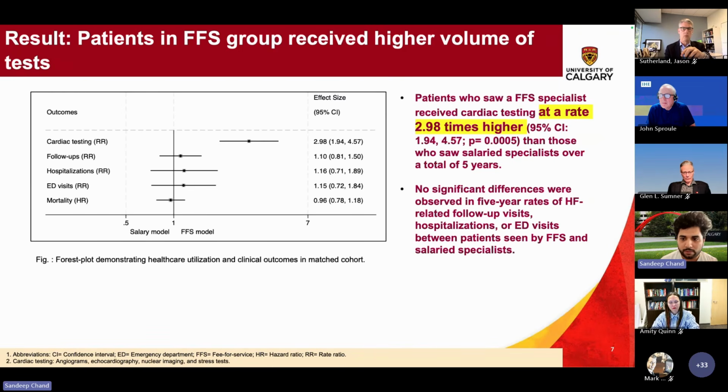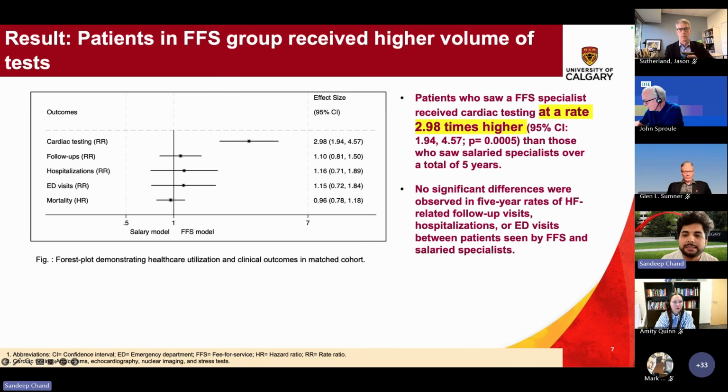One outcome stood out: the amount of cardiac testing ordered or patients received. Patients whose specialist was paid fee for service received cardiac tests at around 3 times the rate of patients whose specialist was salaried. The testing included mostly echoes, nuclear imaging, and stress tests, and some angiography.